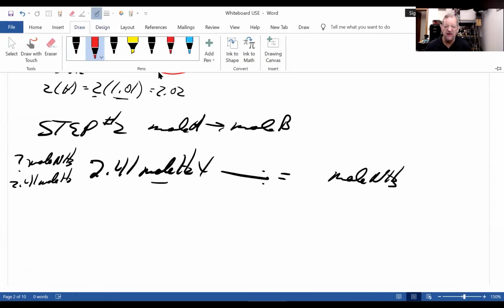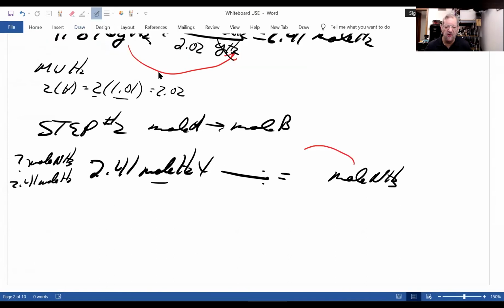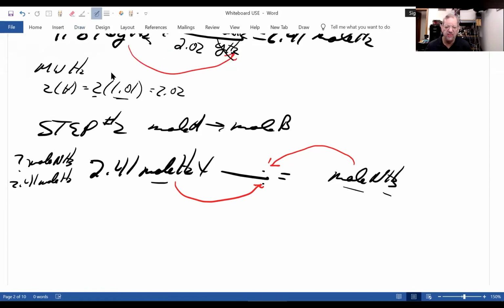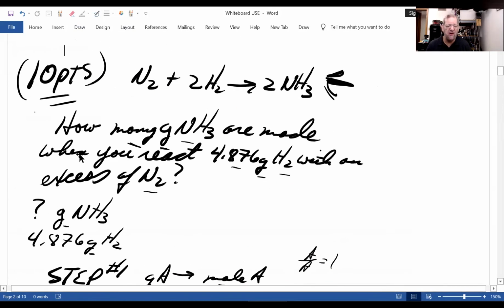Use your good buddy, your good friend, unit analysis. Whatever I'm trying to get to goes on top. Whatever I'm trying to get rid of goes underneath. And now I know on top I want moles of ammonia. Underneath I want moles of hydrogen. Where do I get these numbers? Well, you look at the balanced chemical equation.